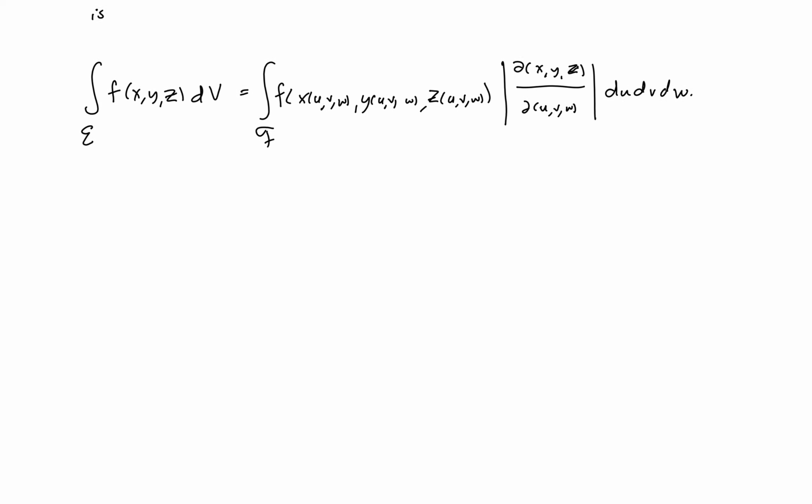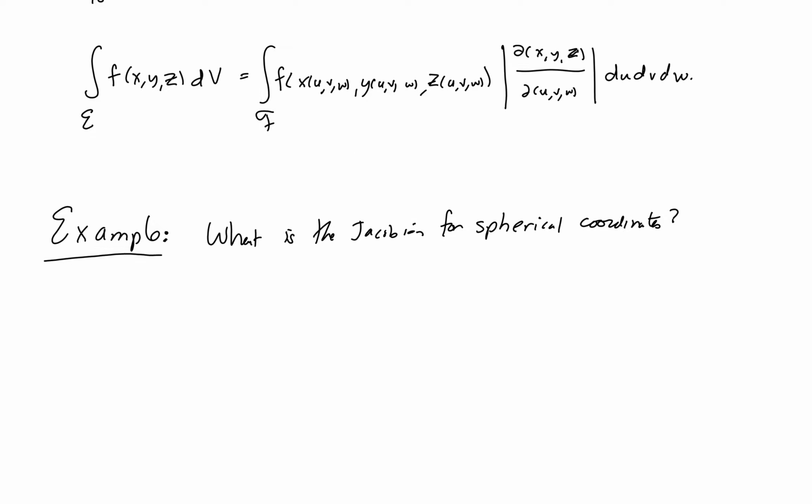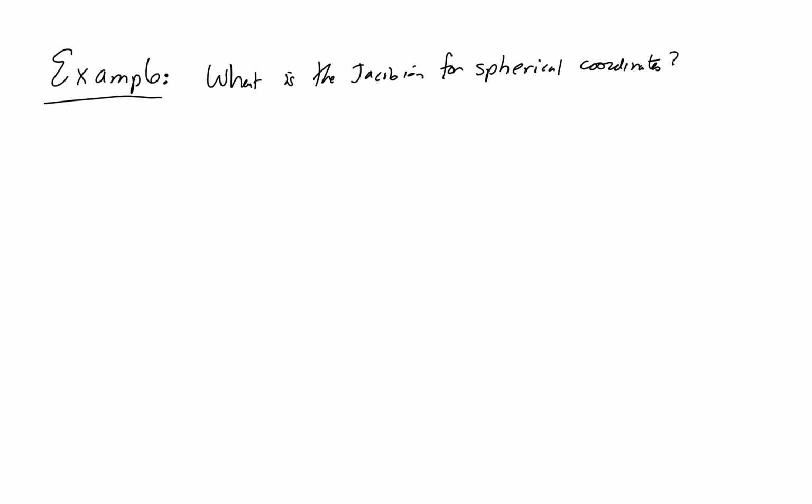So now the question is let's go ahead and work through what is the Jacobian for spherical coordinates. And this is messier because we're going to have a 3 by 3 determinant to do, but we're going to recover exactly what we saw when we did integrals in spherical coordinates.